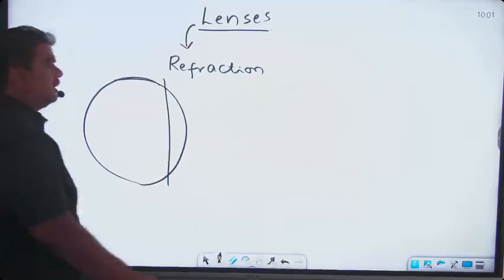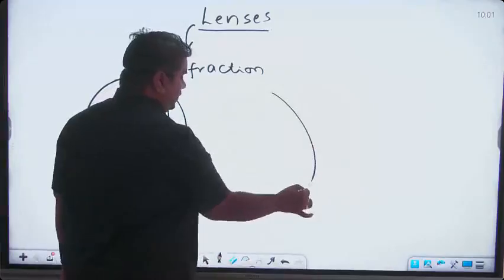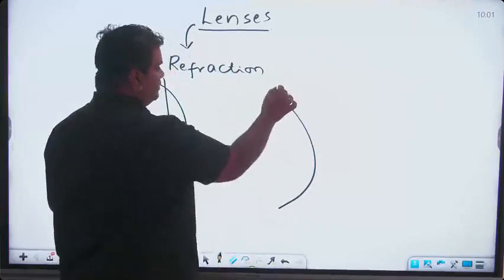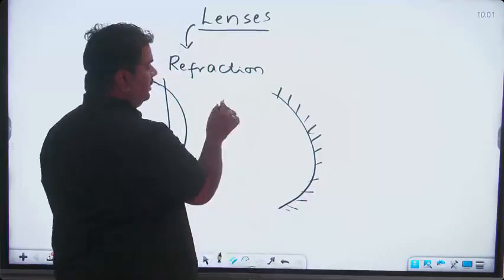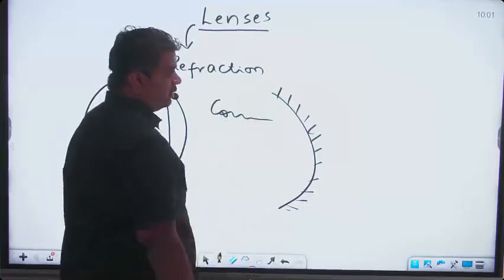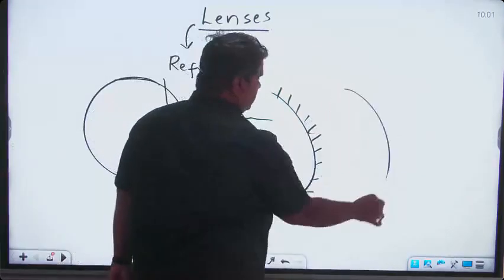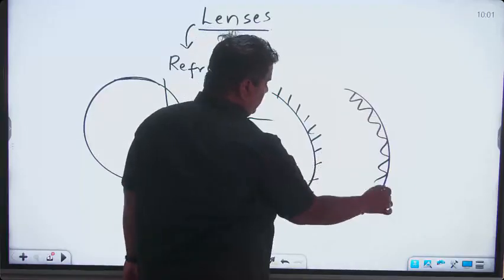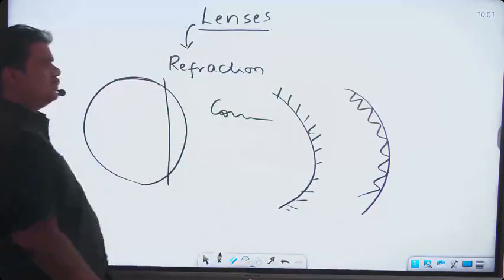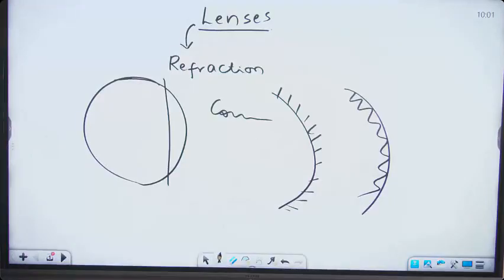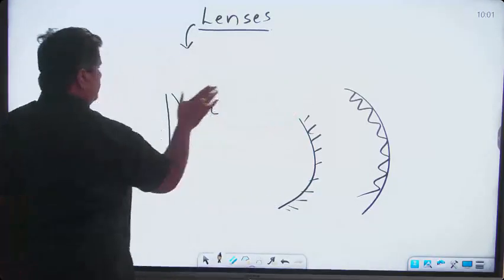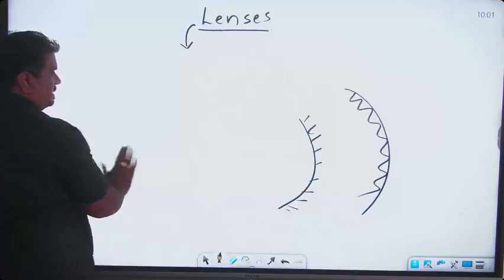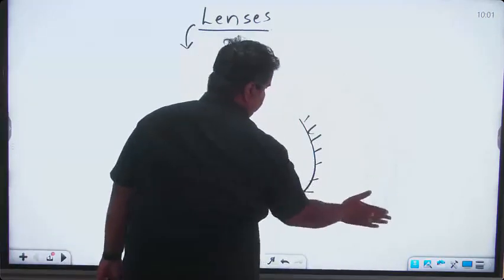If this part is coated with silver bromide on the outside, it is known as concave. If it is coated with silver bromide on the inside surface, it is known as convex. Both concave and convex mirrors are separated from spherical mirrors.